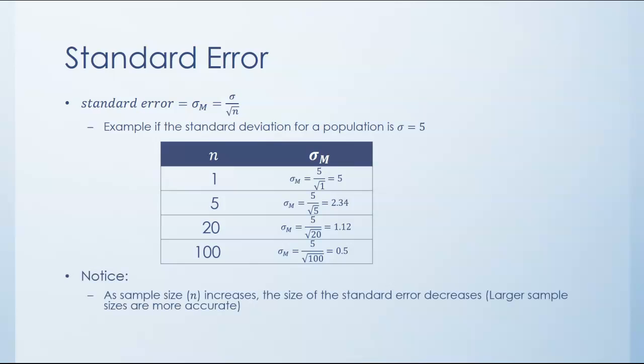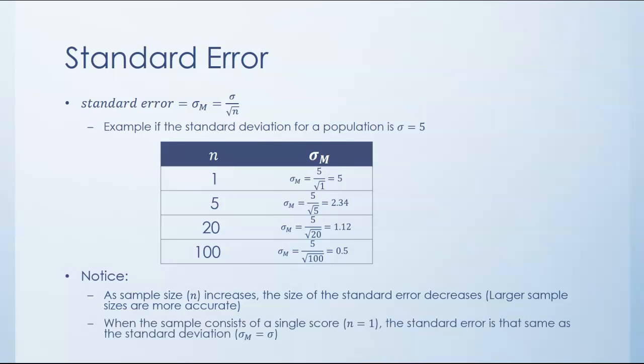Again, what I want you to notice is as my sample size increases, the size of the standard error decreases. So larger sample sizes tend to be more accurate. The other thing I want you to notice is that when I have a single sample, n is 1, single score, my standard error and my standard deviation are actually the same exact value.